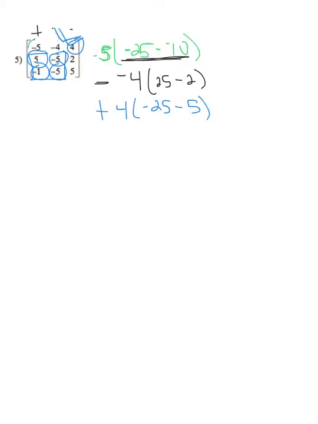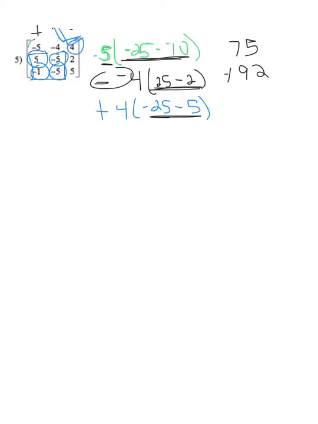So -5 times -15 would be 75. Here I've got 23 times 4 is 92. So then I've got 2 negatives, so it'll be plus 92.